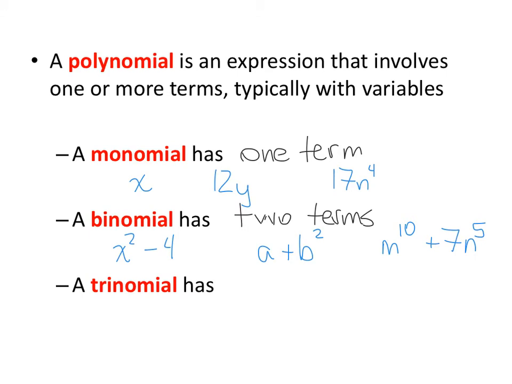So for example, x squared subtract 4, or a plus b squared, or m to the power of 10 adding 7n to the power of 5. A trinomial then has, you guessed it, 3 terms. For example, x squared adding 5x subtracting 14. If you need to, hit pause so that you can write down the definitions for these vocabulary terms.